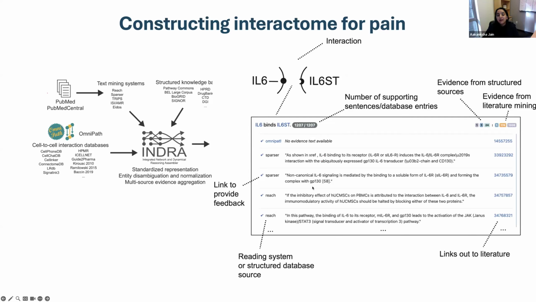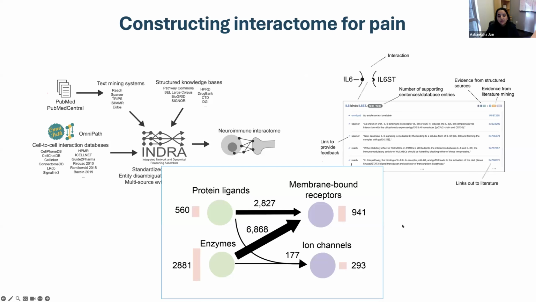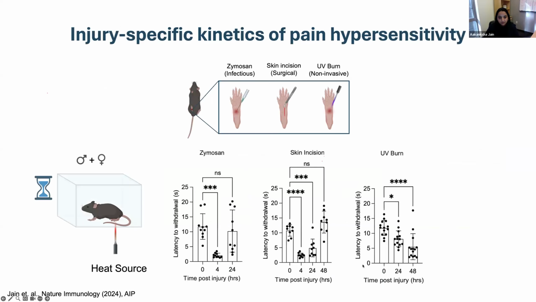This interaction will be supported by actual language that's present in PubMed with their PubMed IDs. So if you don't like this interaction, if you think this is a questionable interaction, you can go to the PubMed IDs and make sure if this is good or not. But we went through a lot of iterations to make sure that our database is largely correct. And this ended up with about 9,000 interactions in the database that consist of all three types of interactions that I mentioned earlier.